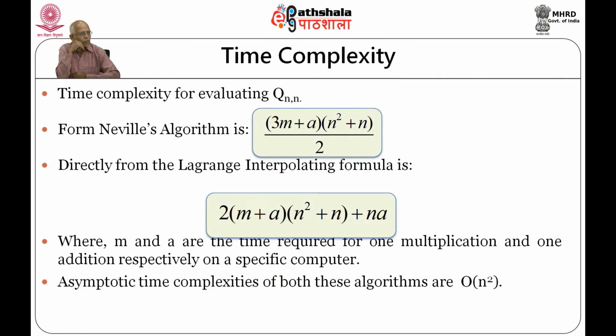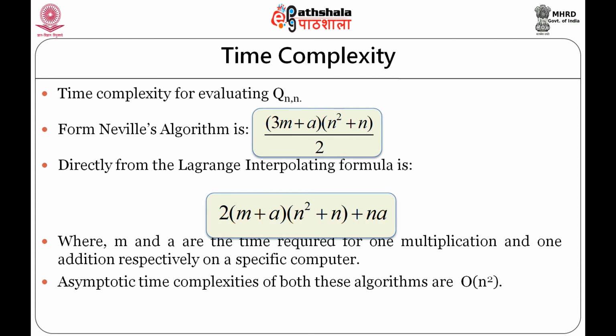Now, if you compute the time complexity of Neville's algorithm, you have to calculate how many additions and multiplications are performed. We are calculating time complexity in terms of the arithmetic operations performed in the algorithm, and we assume that a specific computer implementation takes a units of time for an addition or subtraction operation and m units of time for a multiplication or division operation.